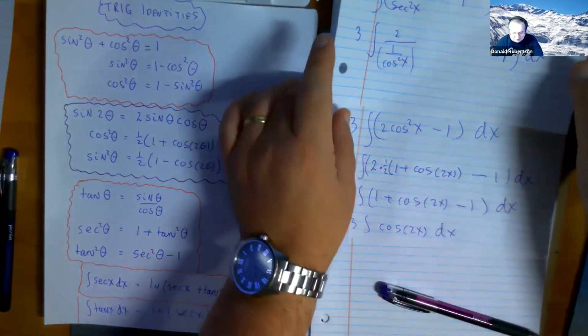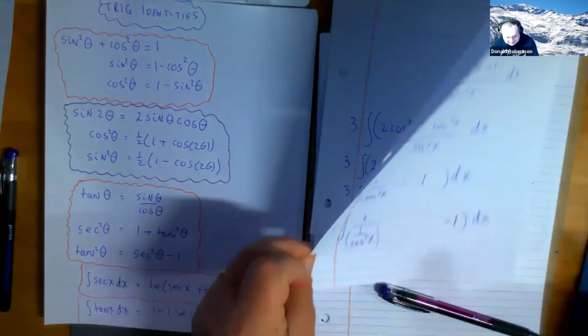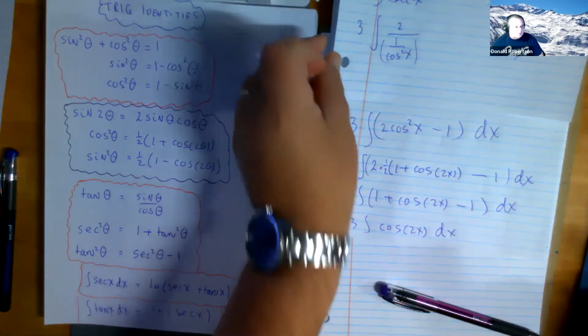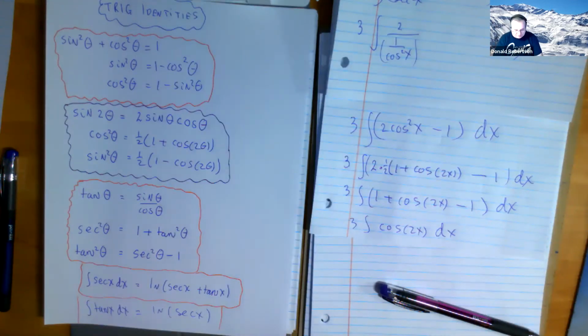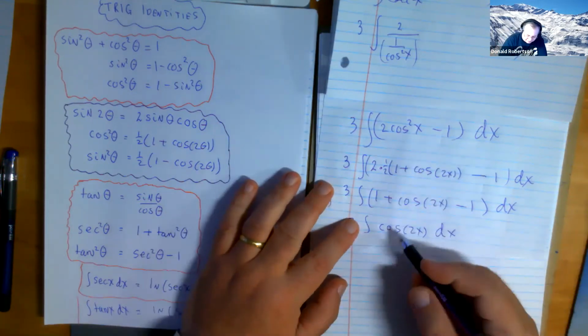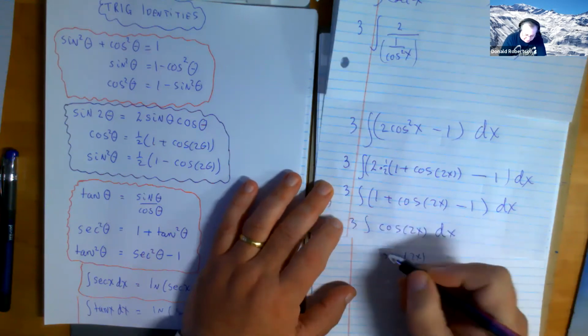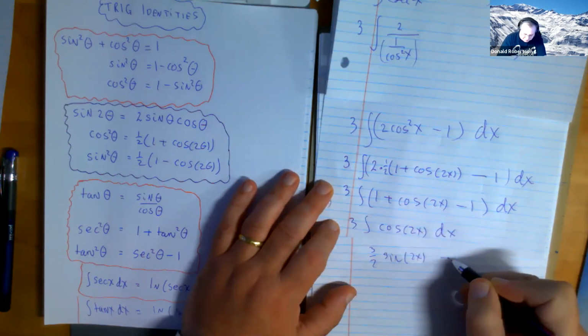Remember what it started life off as? And after fighting through all sorts of do this and do that, we've got this. Well, I know how to integrate that. Isn't the answer the sine of 2x with a half? So I'm getting 3 halves plus c.